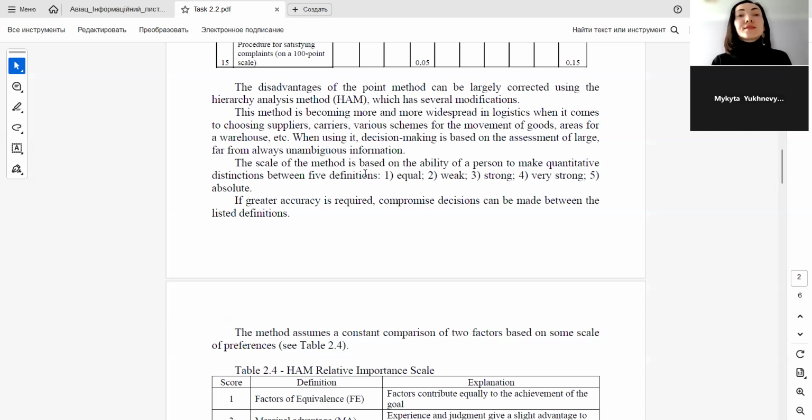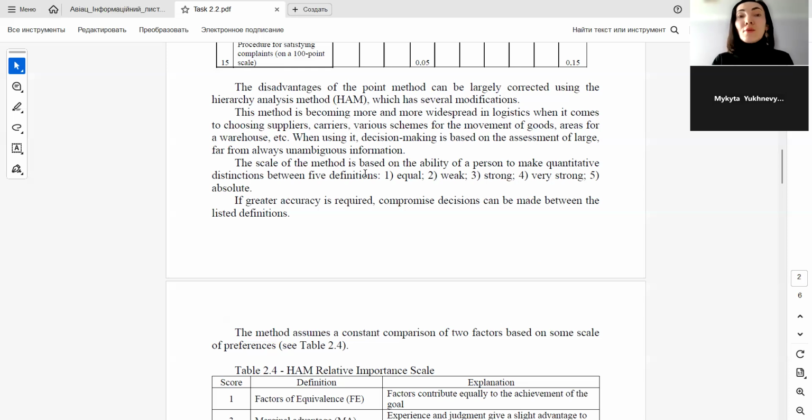The disadvantage of the point method can be largely corrected using the hierarchy analysis method. If we use an abbreviation by first letters, it will be HAM, which has several modifications.